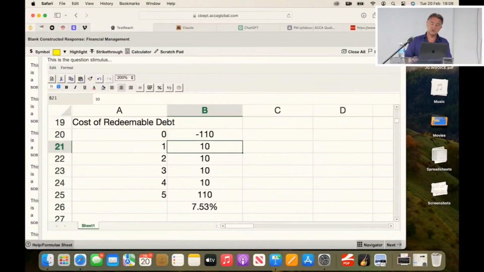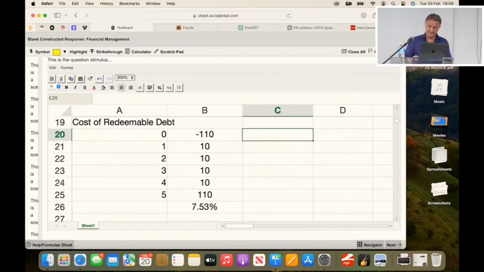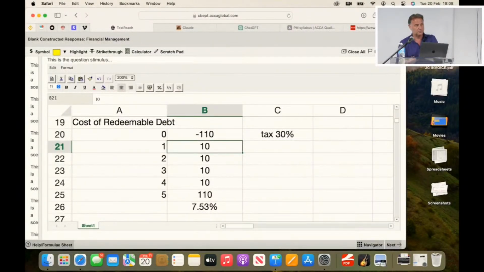Just so you're clear, if tax was 30%, which he will give you in the exam, to be fair, the cost wouldn't be 10 to you. The cost would be 7. Okay, all you do is say, right, I know the cost is 10, but I'm going to times it by 70%.